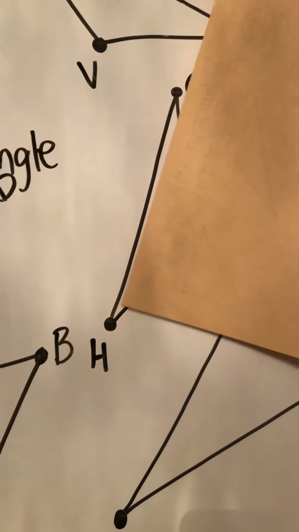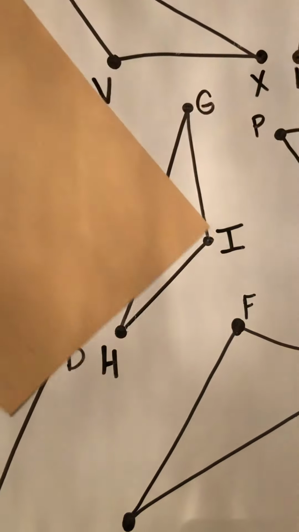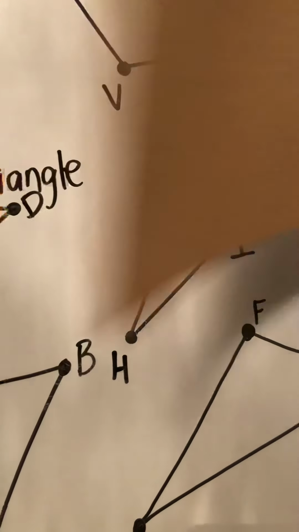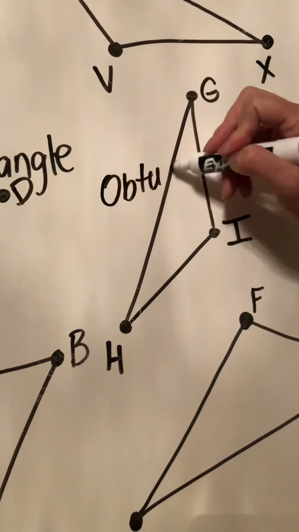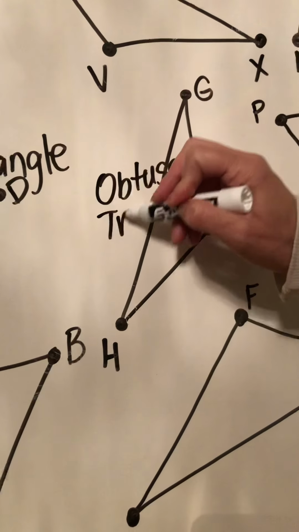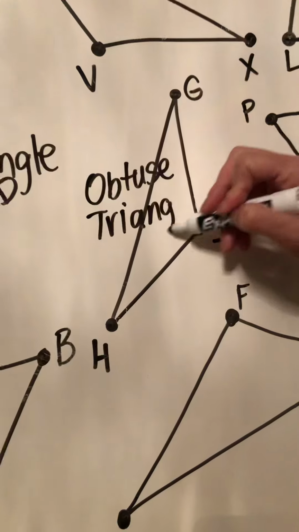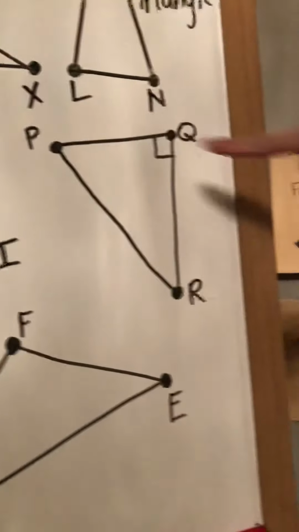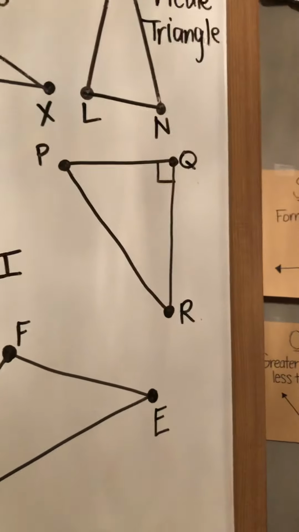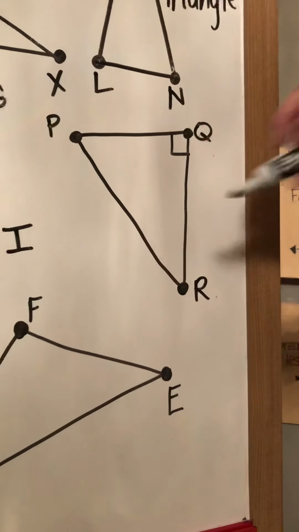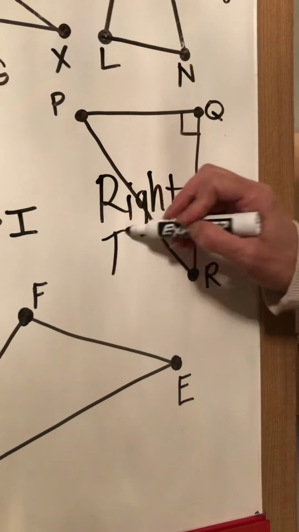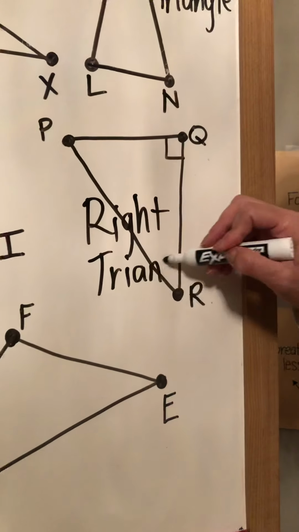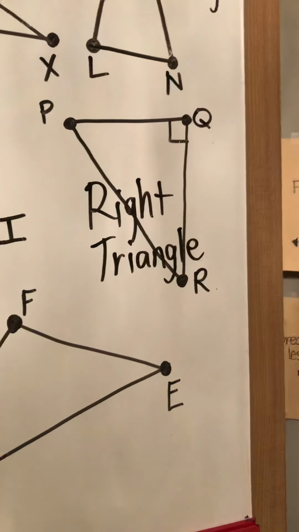I don't see 90 degrees. I see that this is larger than 90, which means it's an obtuse triangle. PQR: I see the right angle, I see the little square. This is a right triangle. Easy. If you see the little square, it's automatic.